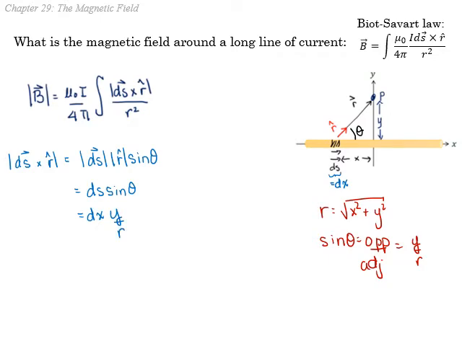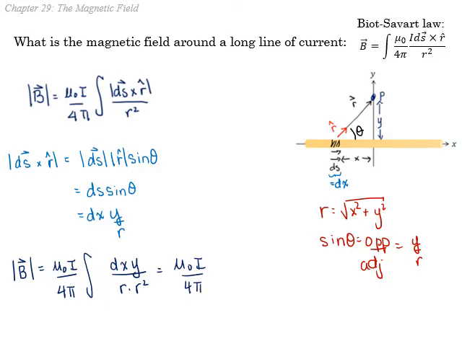Okay, and now let's pop in our magnitude of ds cross r hat in our expression for the magnitude of our magnetic field. So the magnitude of B is mu naught times I over 4 pi times the integral of dx times y, that's over r times r squared. Okay, so that's mu naught times I over 4 pi times the integral of y over r cubed dx.